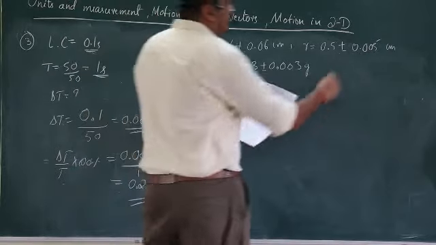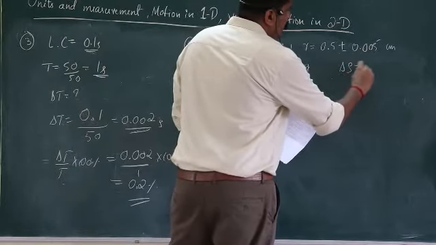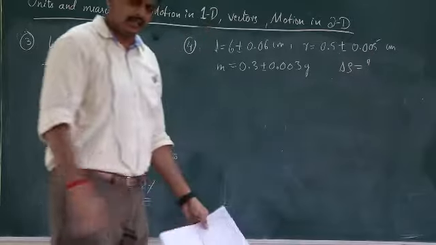Maximum error in the density, that means delta rho equal to how much, they are asking.